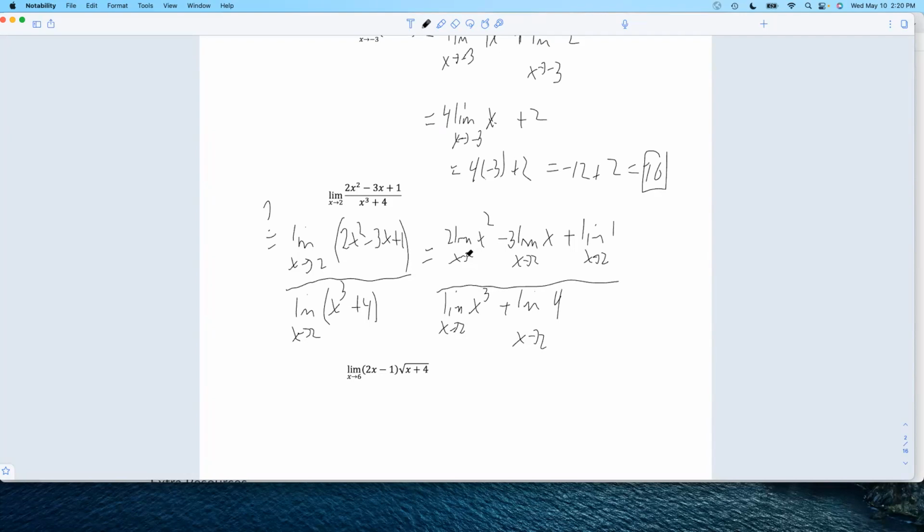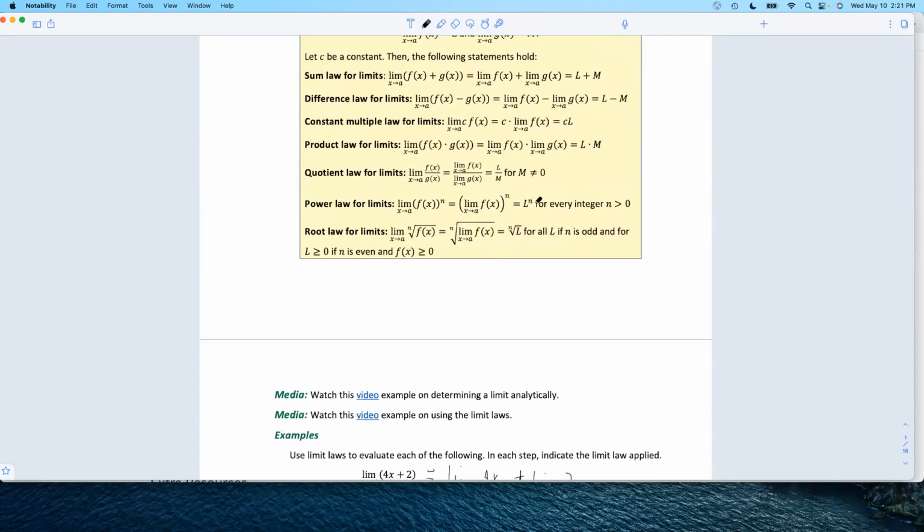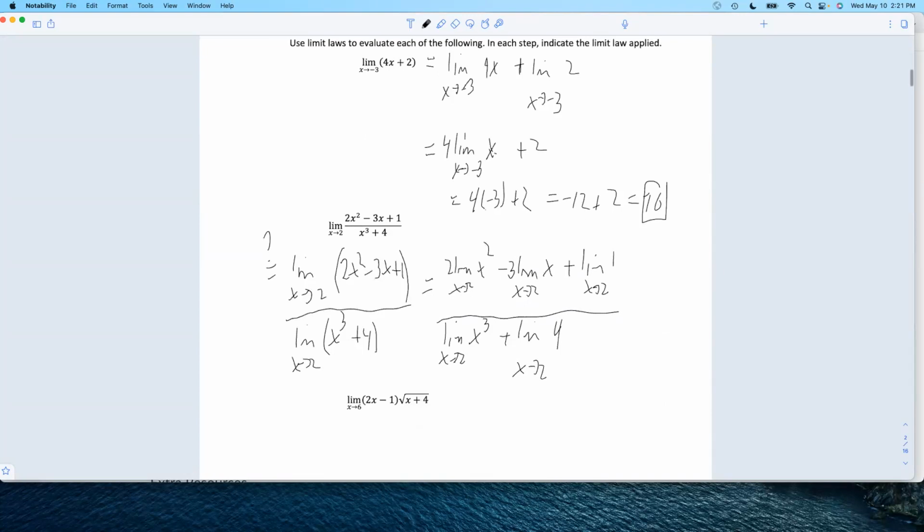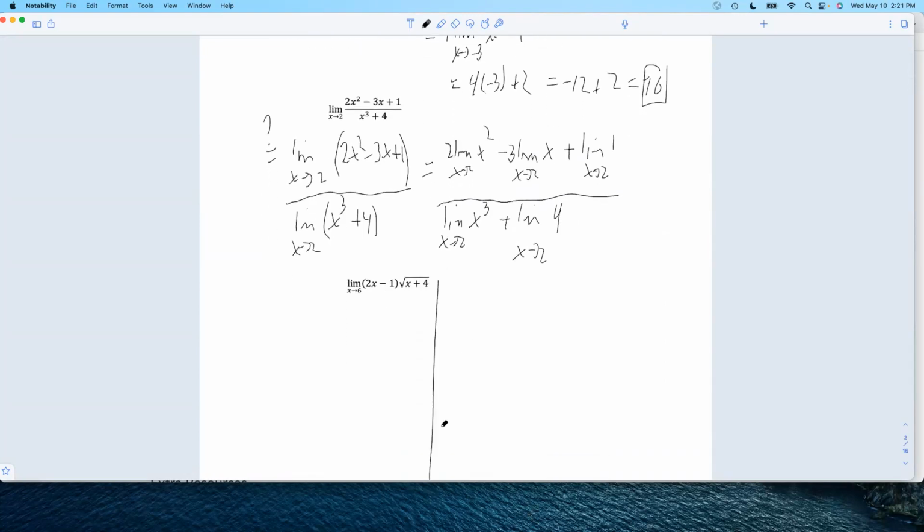Now, can I take a limit inside of x squared? Yes, that's this rule right here. So here I'm going to keep going. This will be twice the limit as x approaches 2 of x squared.